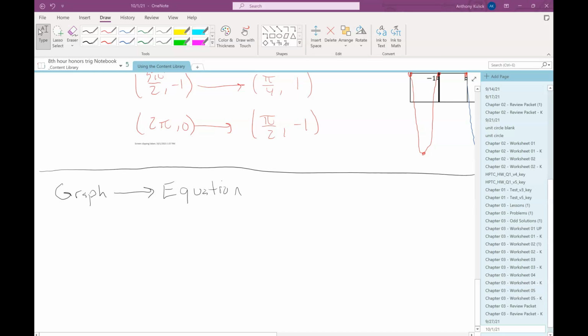So let me cook up a quick example here, and then we'll walk through an example together.